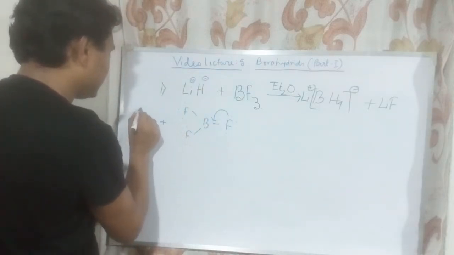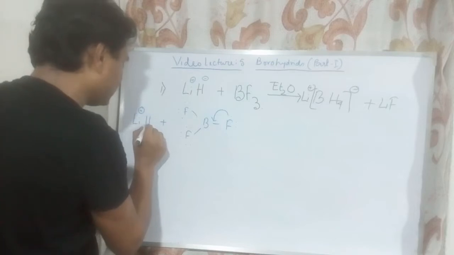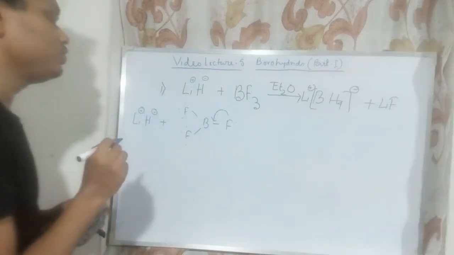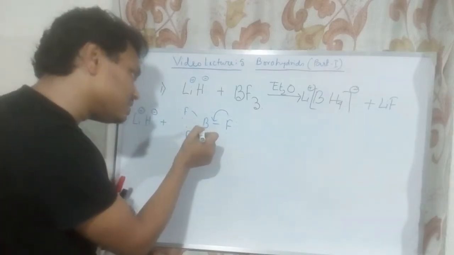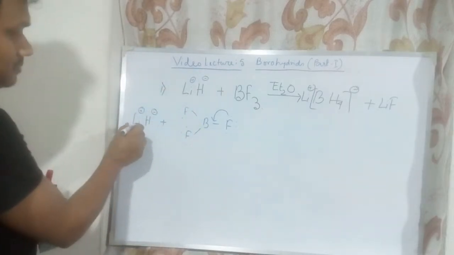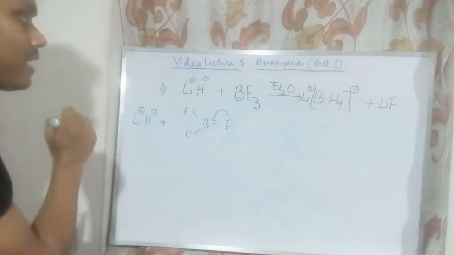And another thing, when we consider a reaction, we should consider the reactivity of the 2 reagents. Okay, this one is relatively stable, but this is highly unstable because of the 2 electrons on hydride.